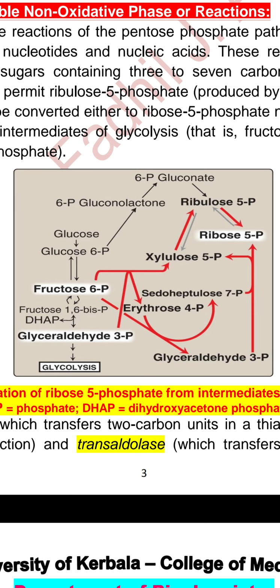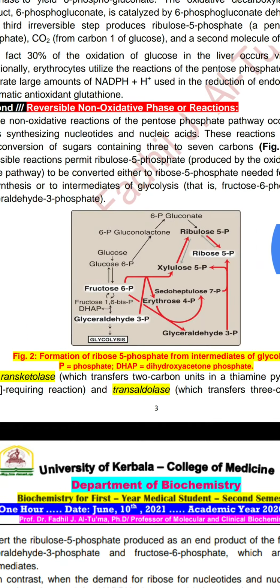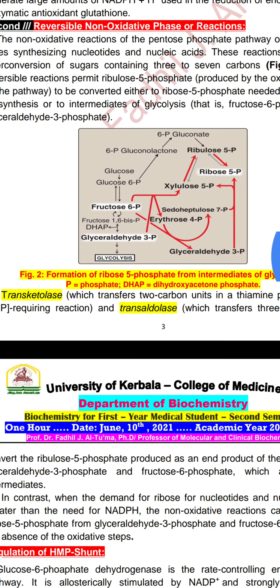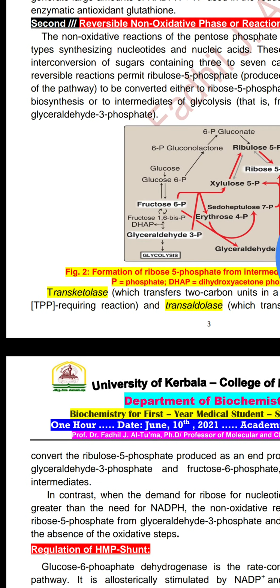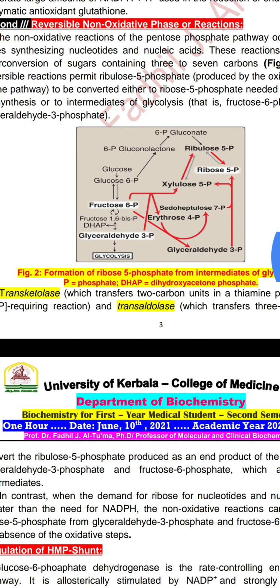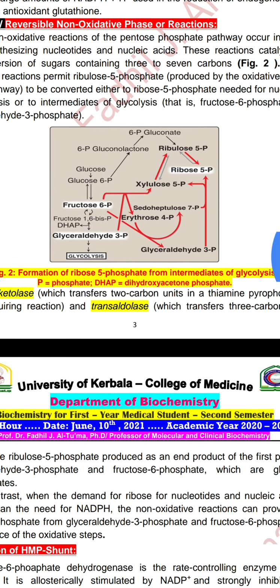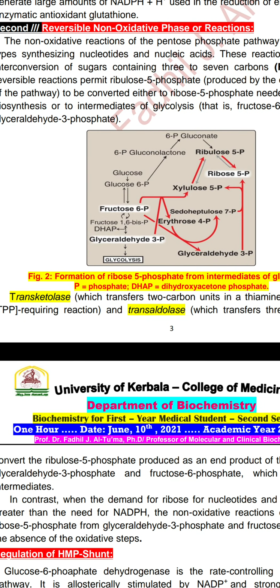Various sugar molecules are produced by the second reversible phase of the hexose monophosphate shunt, and as mentioned, transketolase, a coenzyme dependent on thiamine pyrophosphate, and transaldolase enzyme are required for these interconversion reactions of the second, non-oxidative stage.